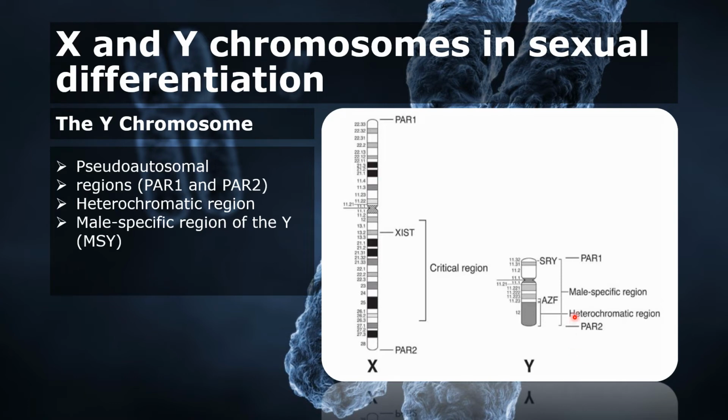It has 78 protein-coding genes and encodes 27 distinct proteins. Twelve of these MSY genes are expressed in many organs in our body, but only 11 are expressed in the testes of males.